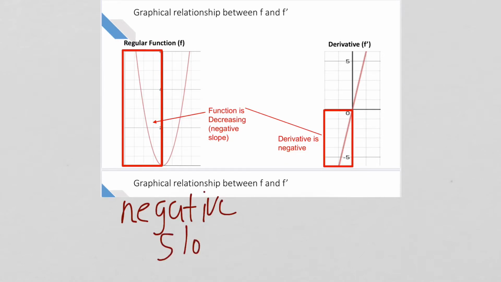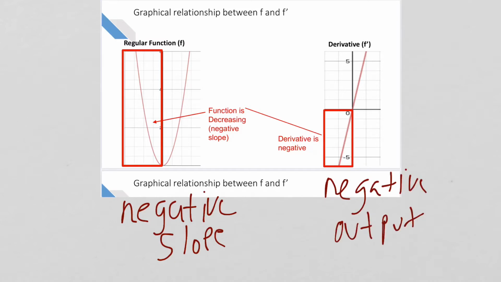Negative slope corresponds with negative outputs. You can see here the slope is -5, and then -4, -3, -2, -1, and then we're approaching a slope of 0. The slope is negative this whole time because the function is decreasing.